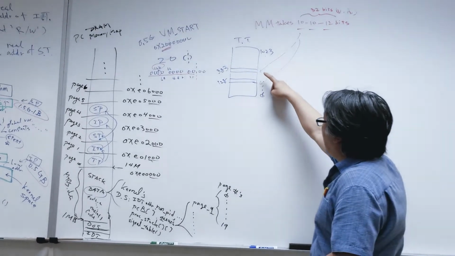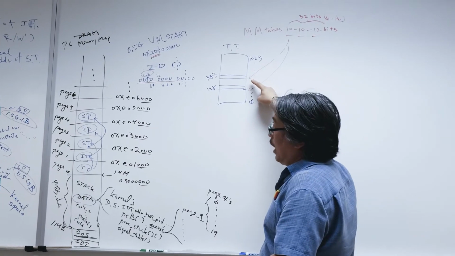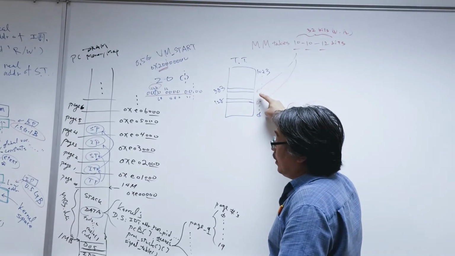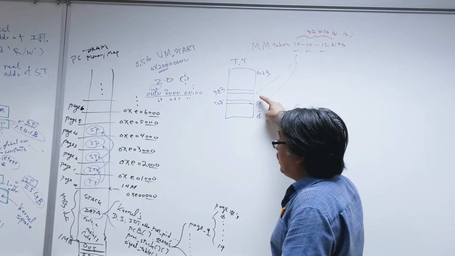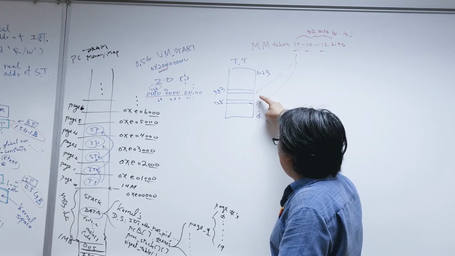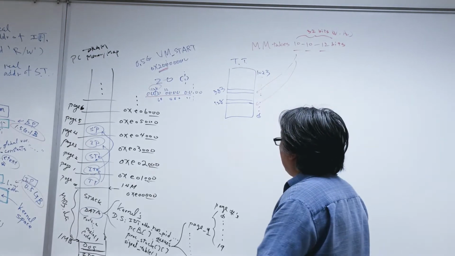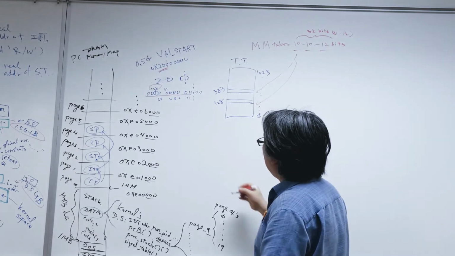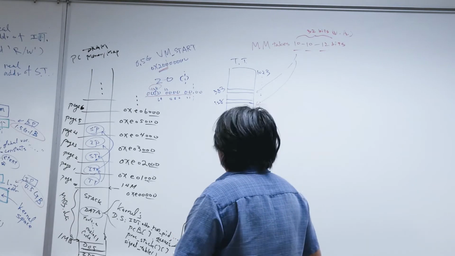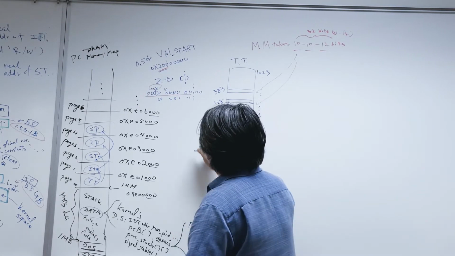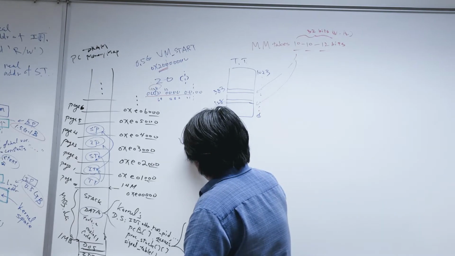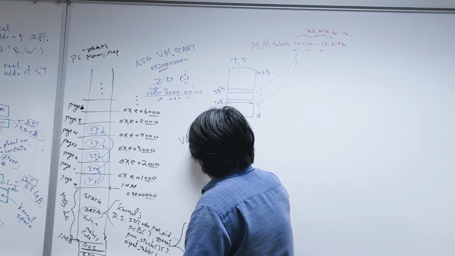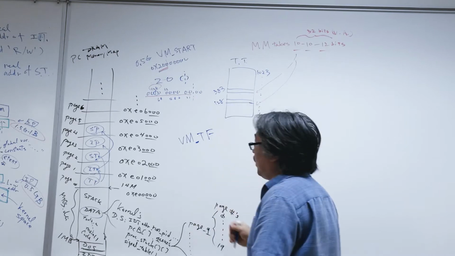So what about this guy? This guy is from where the stack should be around, and that's the VM end. Okay, and that's where we have the VM traffic. Okay, traffic is why?